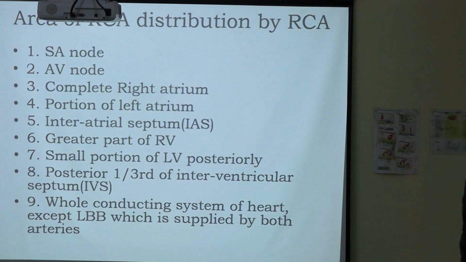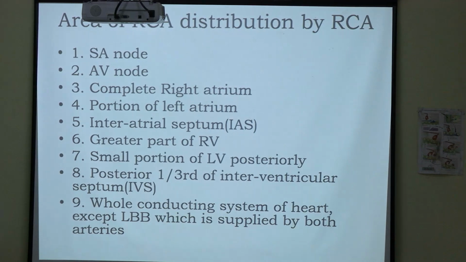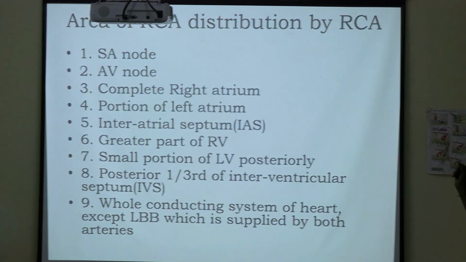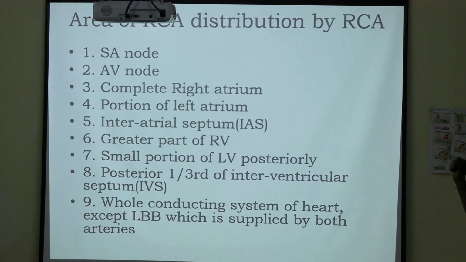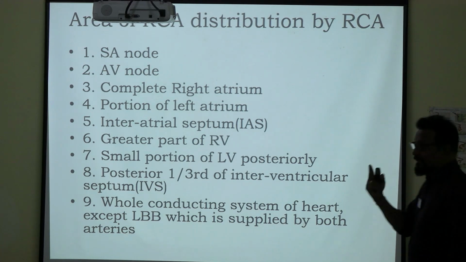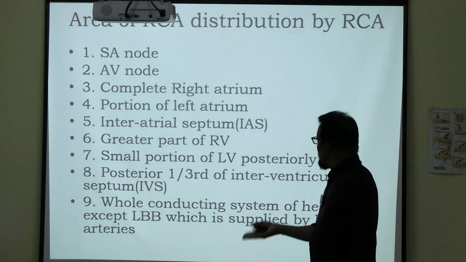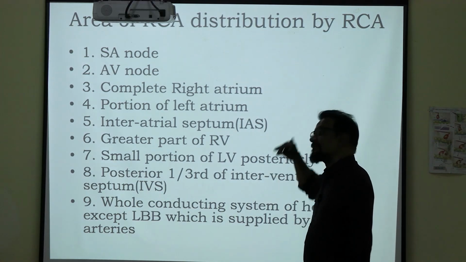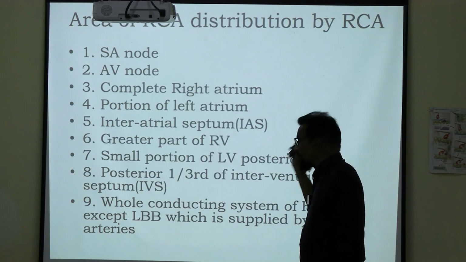We have seen the SA node and AV node are supplied by it, the complete right atrium and part of the left atrium, and the interatrial septum, IAS, is supplied by this artery RCA, and a small portion of the LV posteriorly. The posterior one-third of the IVS is supplied by it, and the rest two-thirds will be supplied by the left coronary artery.